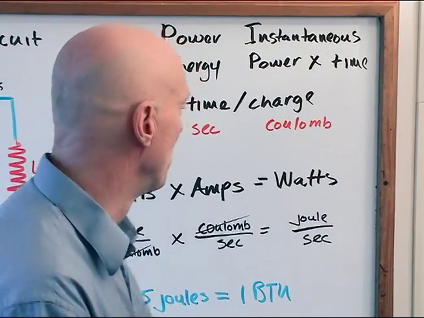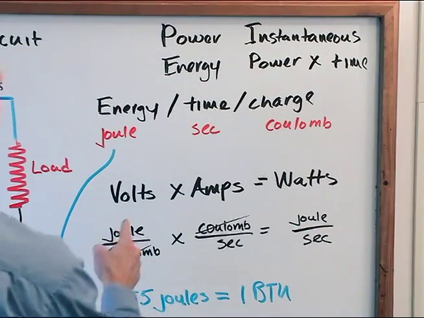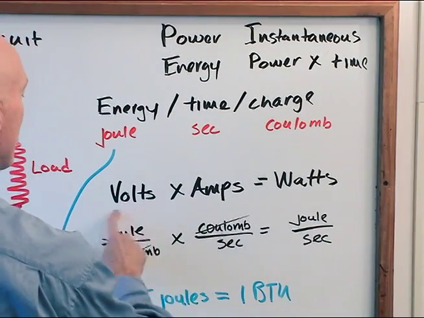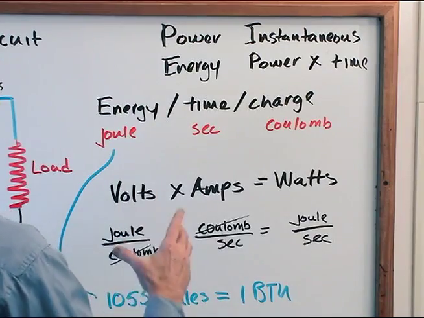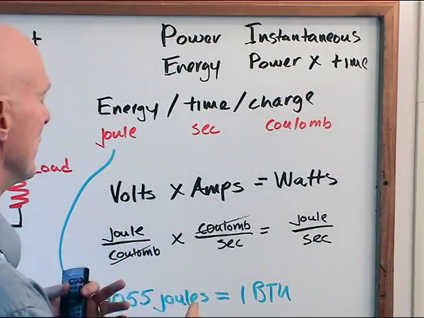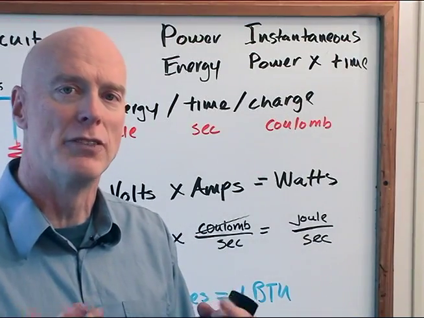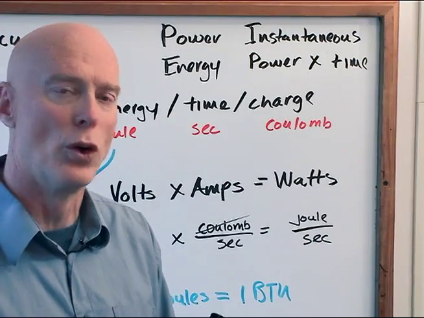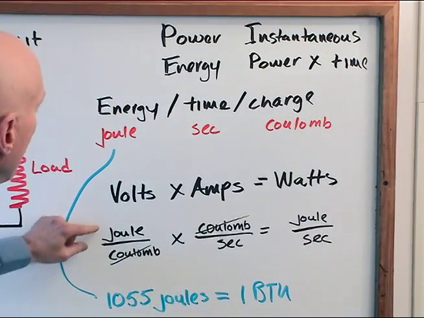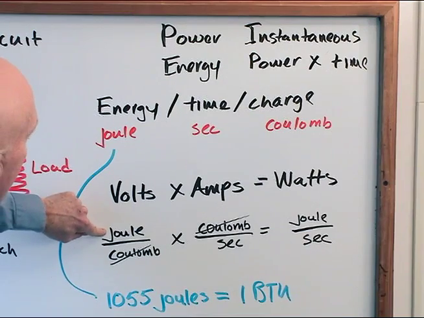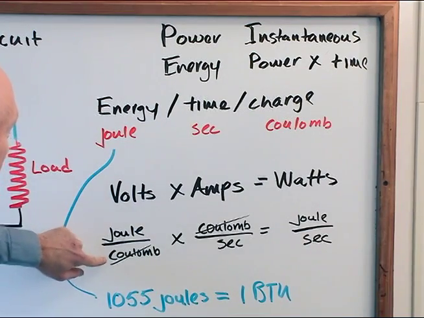Let's look at the units behind that. A volt, what is a volt? Well, they say it's electrical pressure or potential difference or a lot of these terms, and they're not too descriptive of actually what a volt is all about. A volt is the amount of energy that each coulomb of charge is carrying.